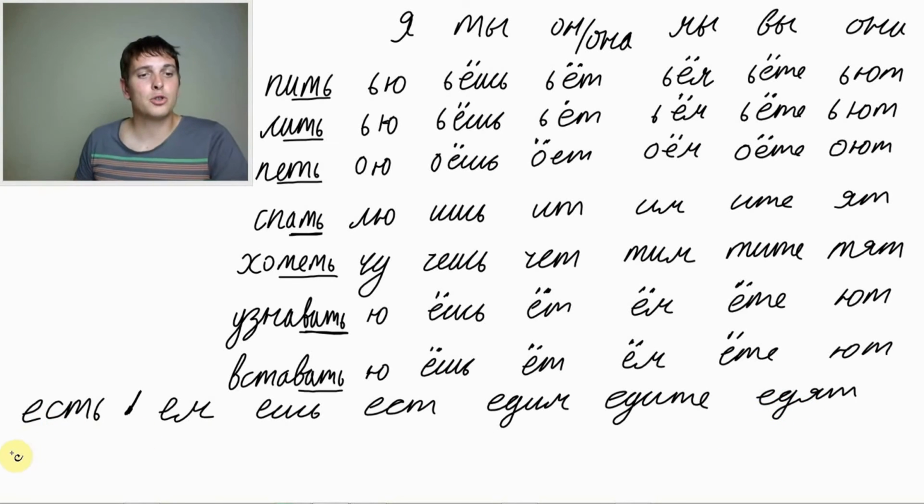And another one is to be able. Мочь. Я могу. I can. I'm able. Ты можешь.